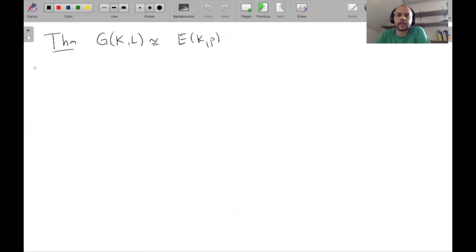So let's see an example of this. So let's take this simplicial complex.